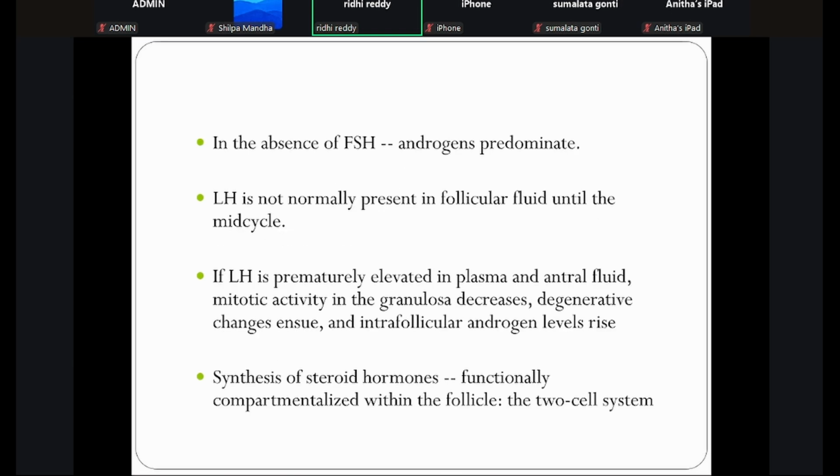Whenever there is no FSH and only LH activity, the androgens predominate, which will lead to atresia of the follicles. LH is not normally present in the follicle until mid-cycle. If LH is prematurely elevated in the plasma and antral fluid, mitotic activity decreases and degenerative changes ensue, that is, follicular atresia will happen. Synthesis of steroid hormones is functionally compartmentalized, like the two cell two gonadotropin theory.